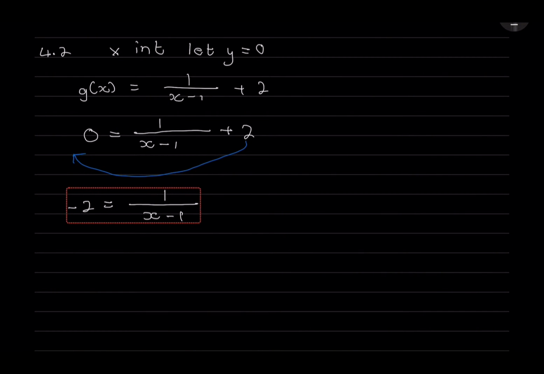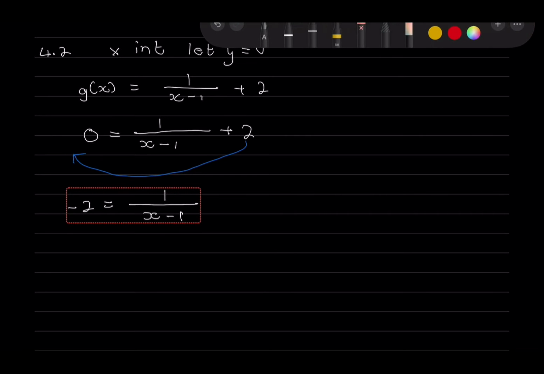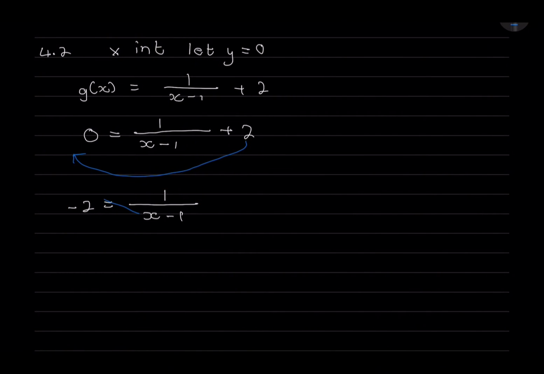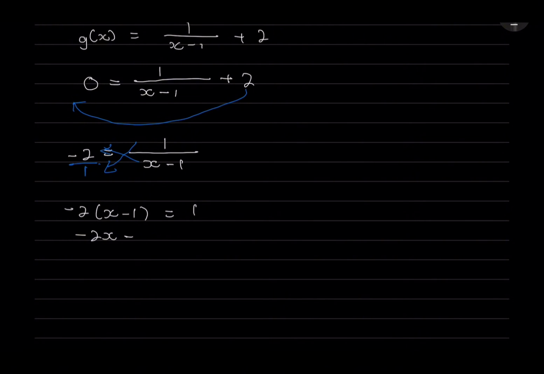After this, we are just going to cross multiply the bottom and the top. Remember, here it's the same as negative 2 over 1. So continuing, we have negative 2 times x minus 1 equals 1. Removing the bracket, it's going to be negative 2x plus 2, remember, negative times negative is a positive, equals 1.